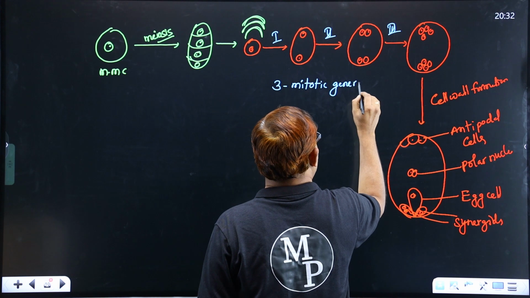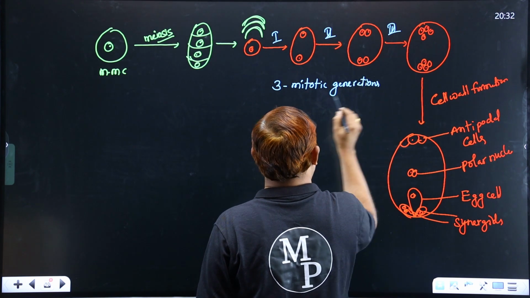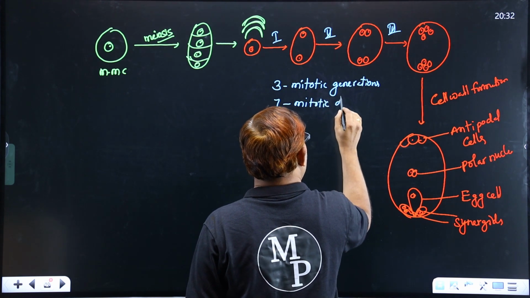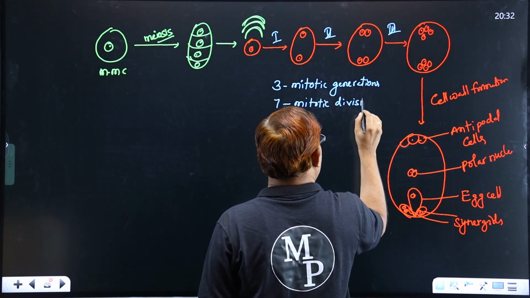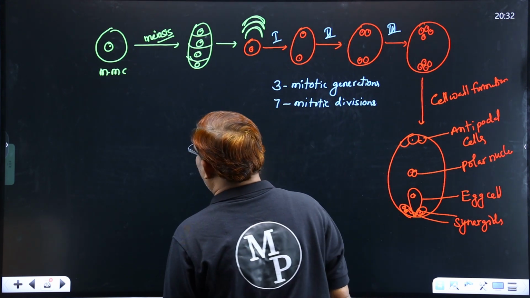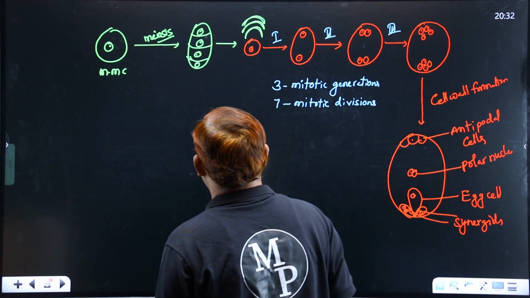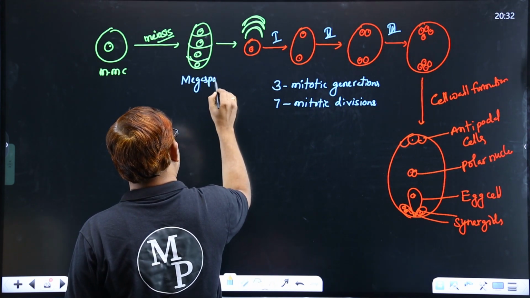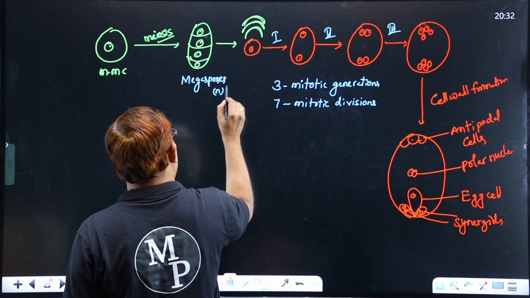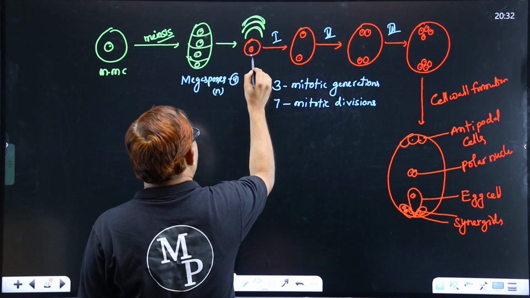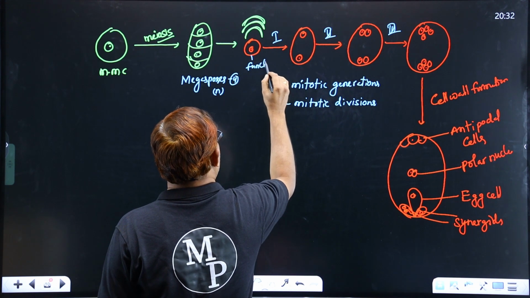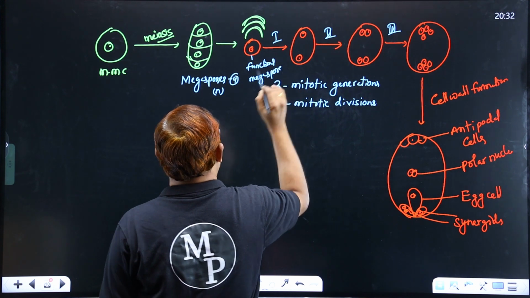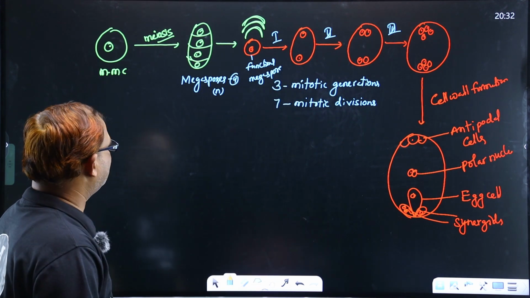How many mitotic divisions? 7 mitotic divisions. These 4 are megaspores, of which three degenerate. This is the functional megaspore.